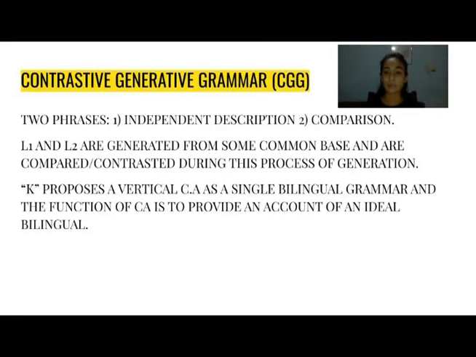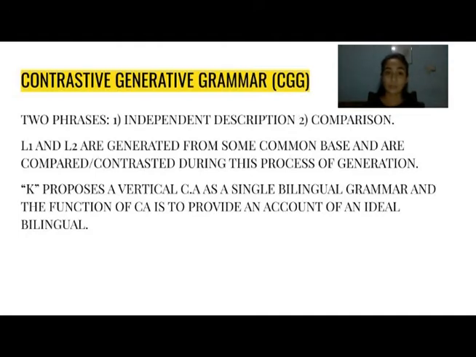And James also claims that if by ideal bilingual, as K means, a balanced bilingual, one whose command of the two languages is equal, then there would seem to be little of relevance in such an individual's intuitions about the language one and language two relatedness.